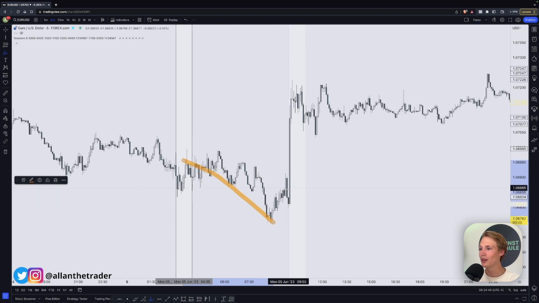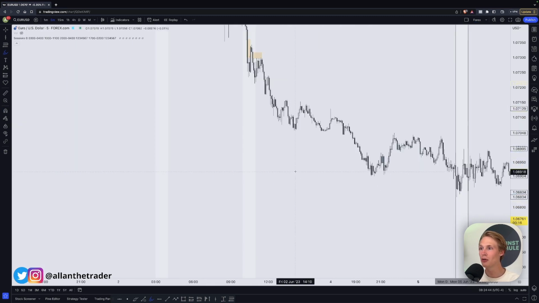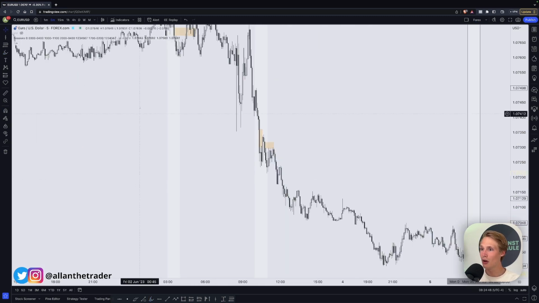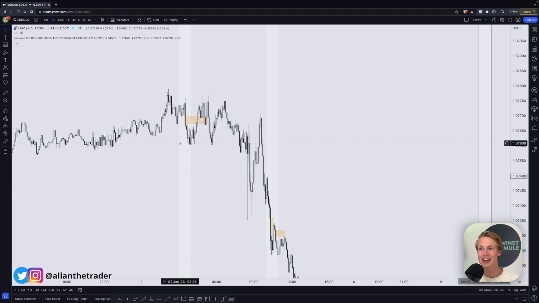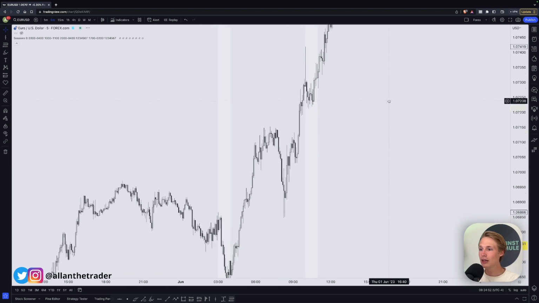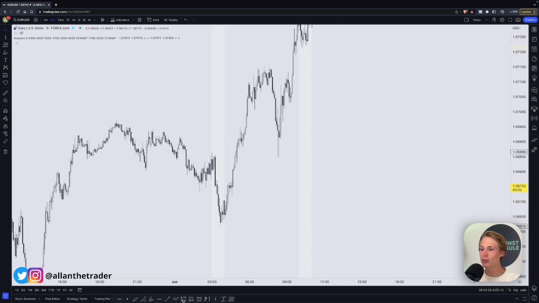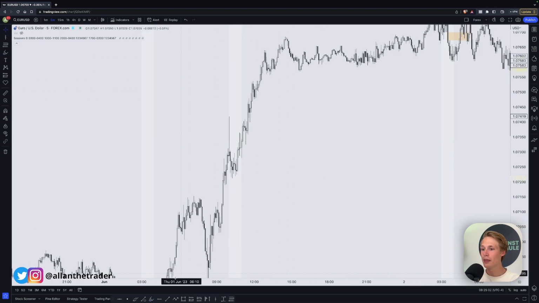But here in the New York session, price was going up. And this is what you very often see. So you might go long in the 3 a.m. session and then short in the 10 a.m. session, for example. And that's really interesting. Same thing here. You could have placed a short here, went down at the London session, and then at the New York session, you were actually going up.